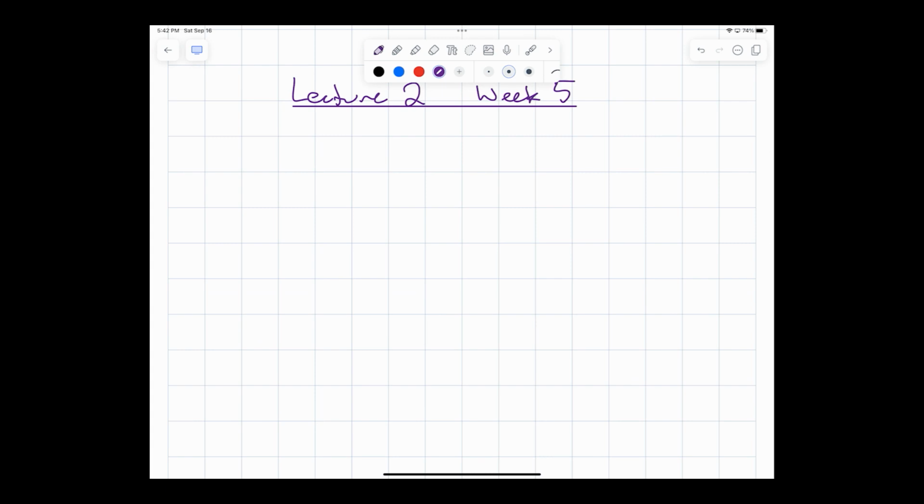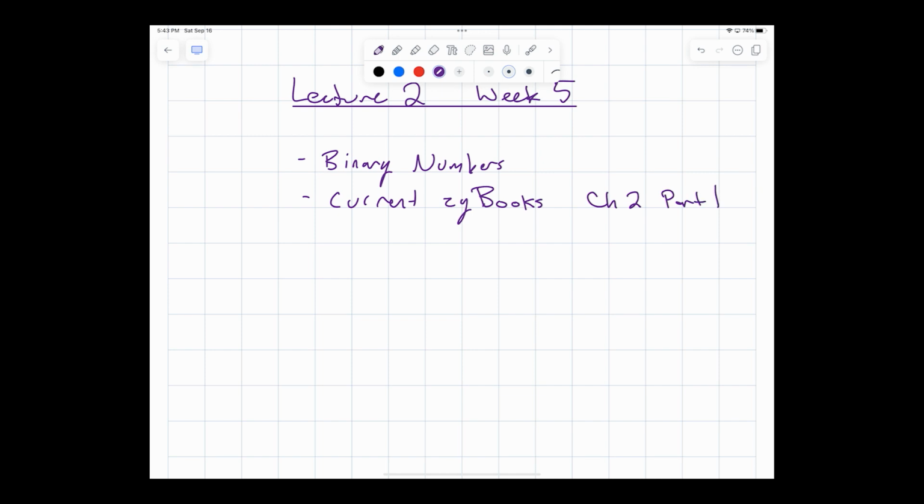So that's it. Binary numbers, current zyBooks. The current zyBooks is, I believe, chapter 2, part 1. So that's what we're going to be looking at.